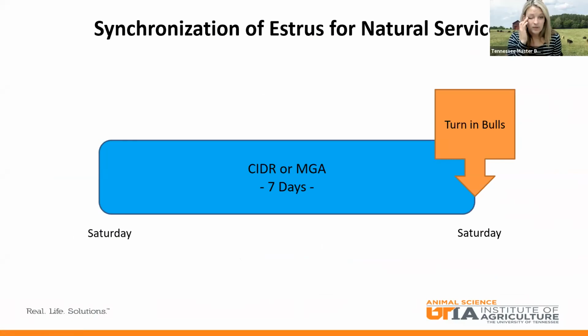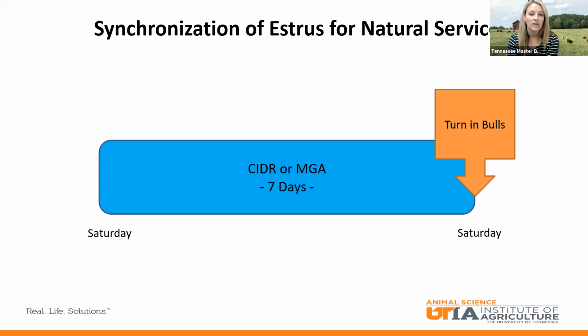No, I didn't. So a big part with this is, just using a CIDR or MGA isn't going to sync them up like it does whenever we use the other hormones and drugs that we use for artificial insemination. But it's very important to have a good BSE on your bulls and make sure that you're using a mature, proven bull, especially when you're using this Sync for Natural Service, because it is going to sync them up enough where he's going to have to work at least a little bit harder than if they weren't synced, but definitely not too hard to use it.